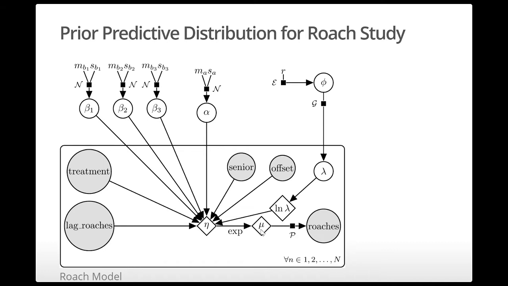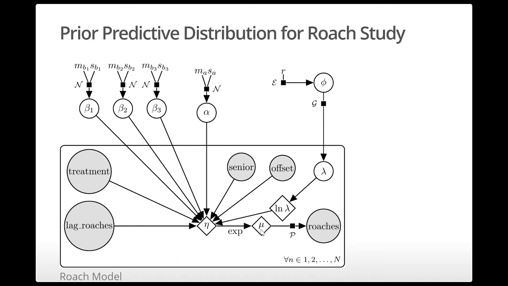And so to say, well, I think my treatment is going to have a positive effect, you might think that, but in the literature, you almost always see the important coefficients having a center of 0 under the prior, which allows for the possibility that maybe the treatment creates more roaches or something like that, even if that doesn't really make sense.